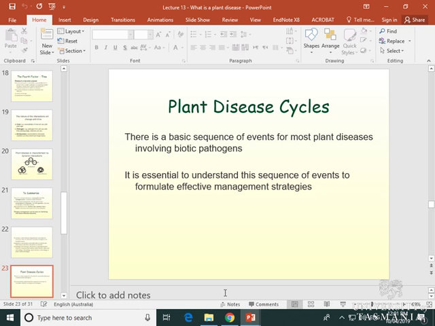But we can also think of things like disease cycles, because you're talking in this instance about at least two biological entities that have their own individual life cycles, but their interactions leading to disease can be described as a generic disease cycle. And understanding the processes and the timing of that, once again, can be important for formulating effective management.